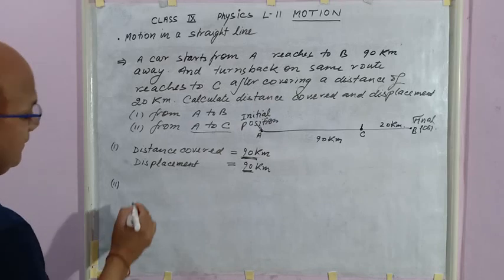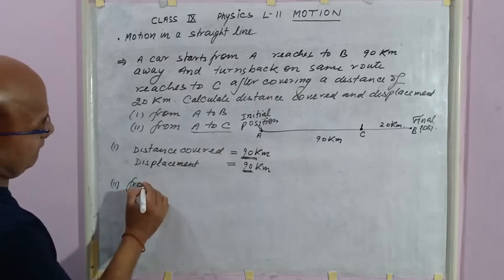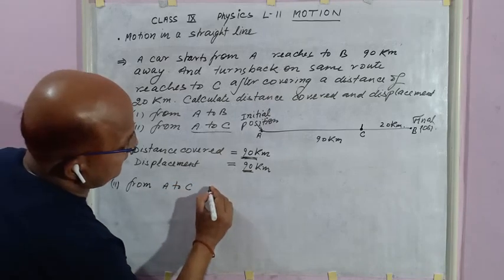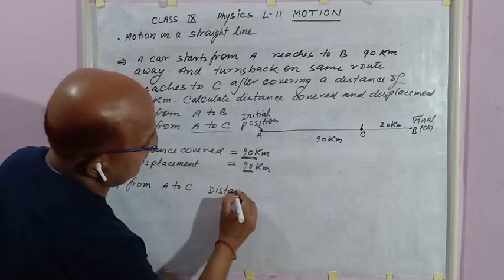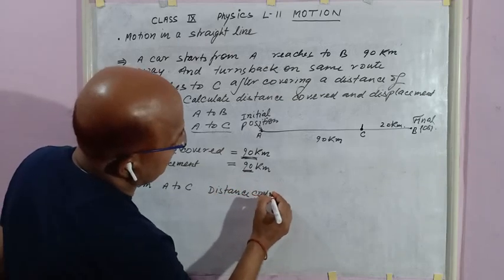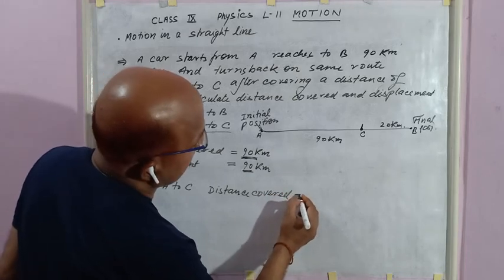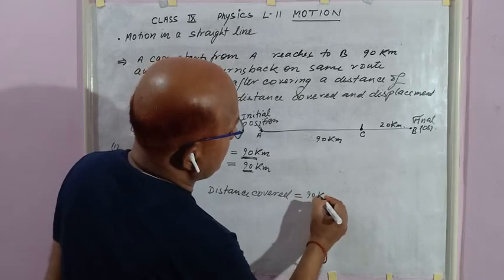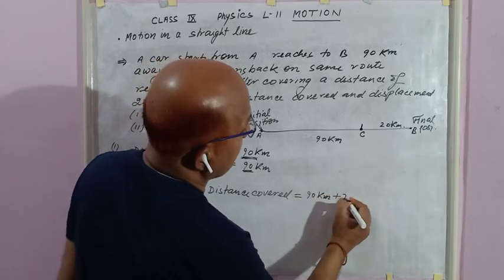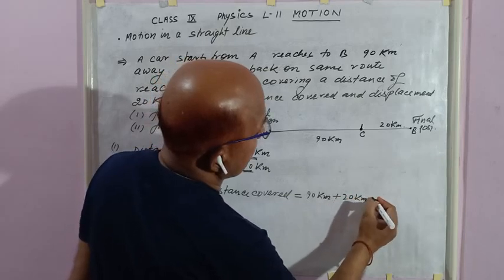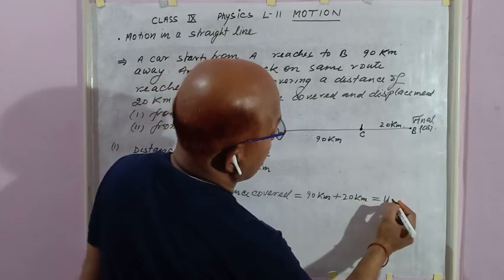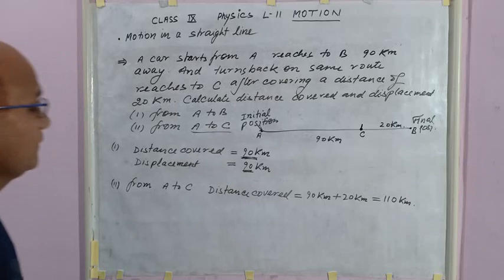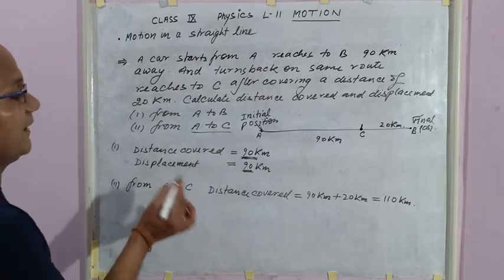So from A to C, distance covered is equal to total length of path, 90 kilometer and then 20 kilometer. So this is 110 kilometer. This is distance covered from A to C.